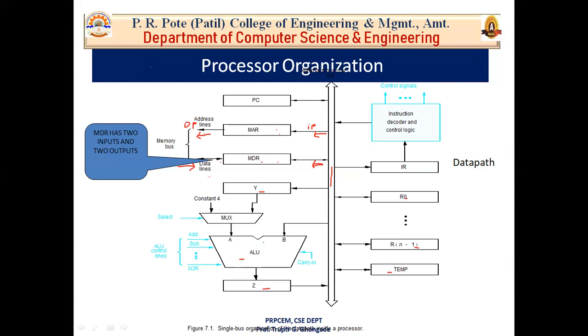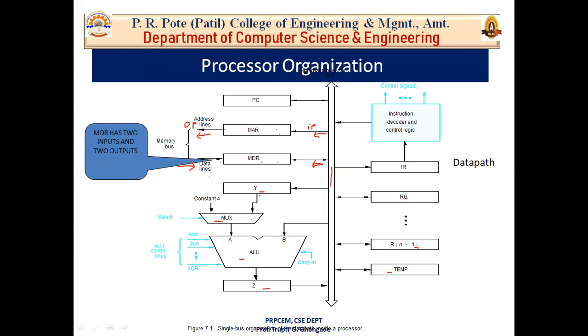Then we have one multiplexer in this internal organization. Here is the multiplexer. So the multiplexer will select either the output of register Y, that means your multiplexer will take input as output of Y. Okay, now input of multiplexer is the output of Y. So multiplexer has two options, either take input from Y or take input from constant 4.